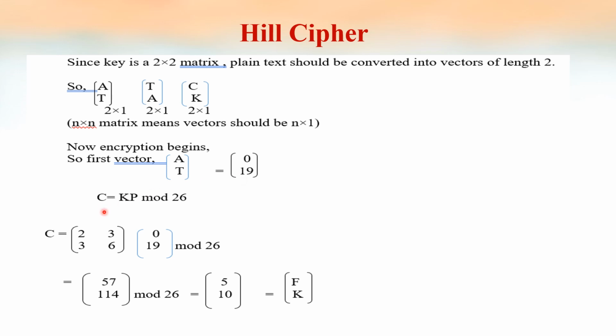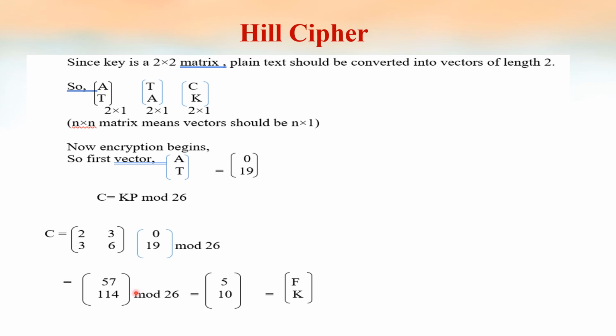Using this formula, ciphertext is equal to KP mod 26, where K is the key, 2336, and P, the plain text, is 0 19. Do this multiplication. The product is 57, 114. Then mod 26.